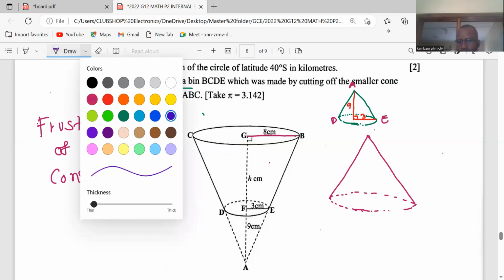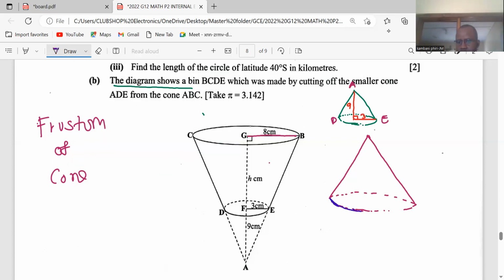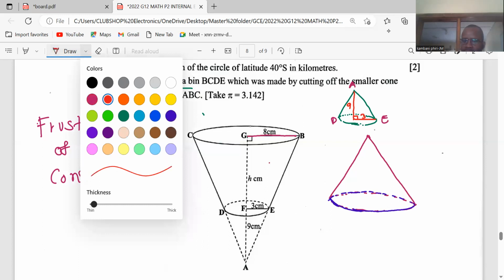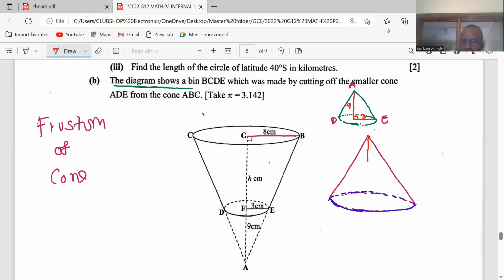So this is our bigger cone. Now, the height is from here all the way up to here. Now, look at our radius. This is G. Our radius is 8.